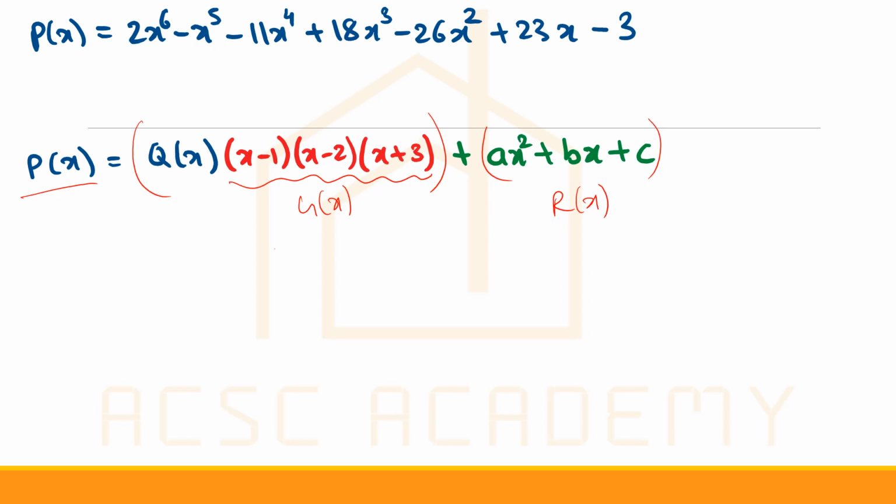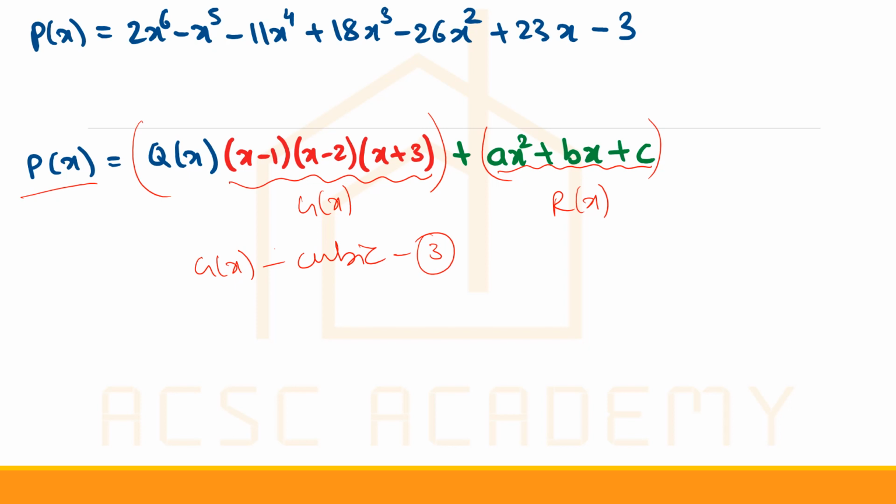How did we come to this? G of x in our case was a cubic polynomial, having degree 3. So we assumed the remainder to be a general polynomial of degree 2, because we know that its degree is strictly less than that of g of x. So we assumed r of x to be ax squared plus bx plus c.